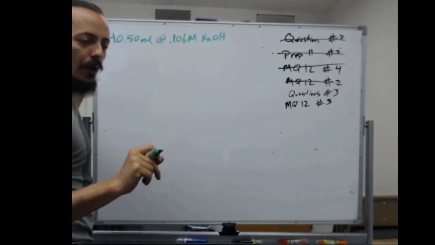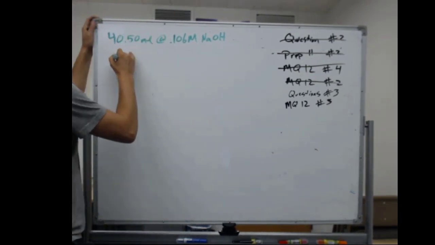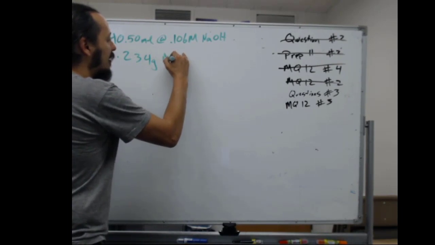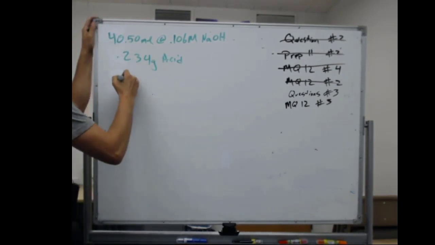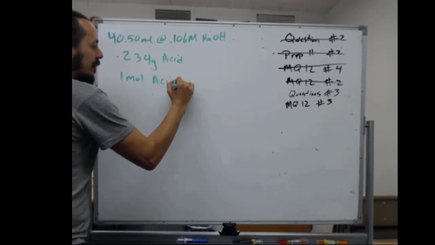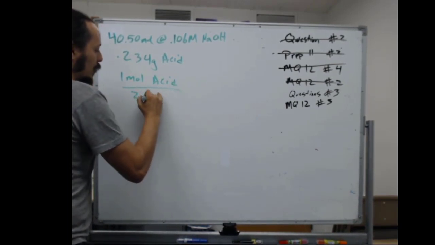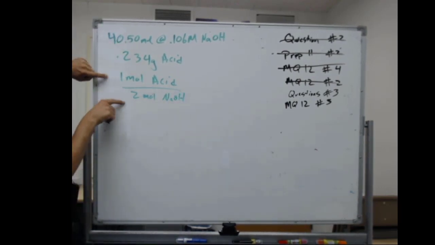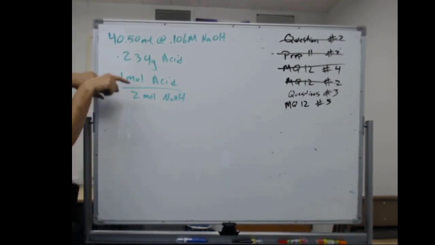NaOH. I know that my solid is 0.234 grams of acid. I know that it is 1 mole of acid for every 2 moles NaOH. Or you could have written this as 2 moles of NaOH for every 1 mole of acid.